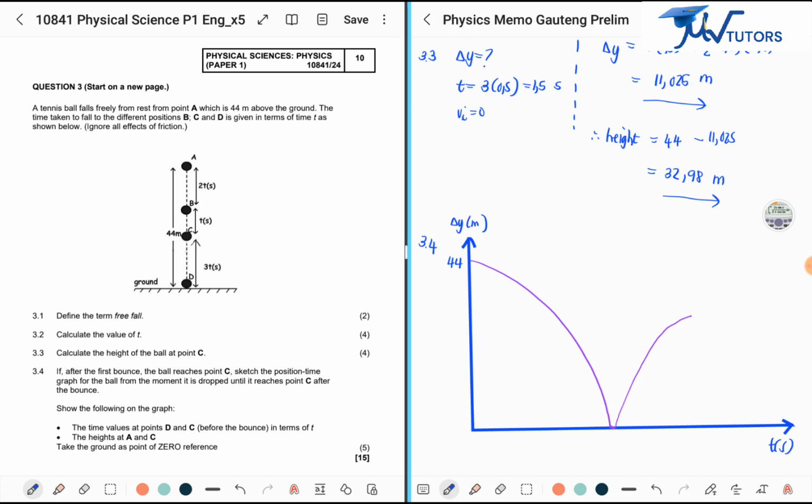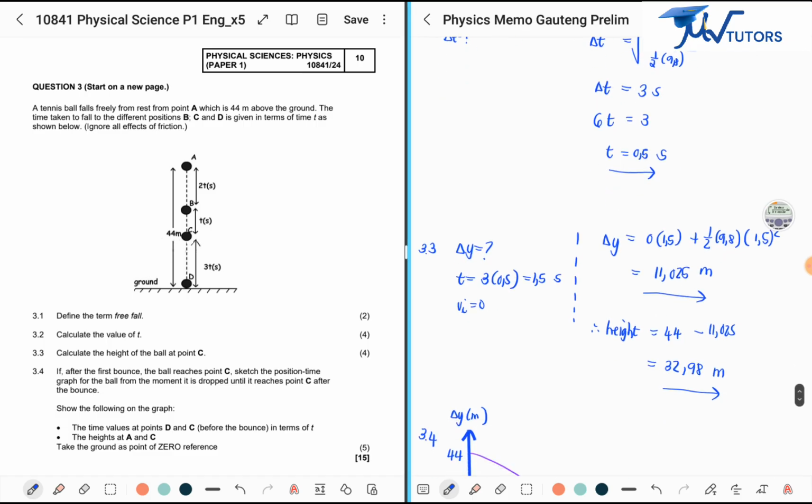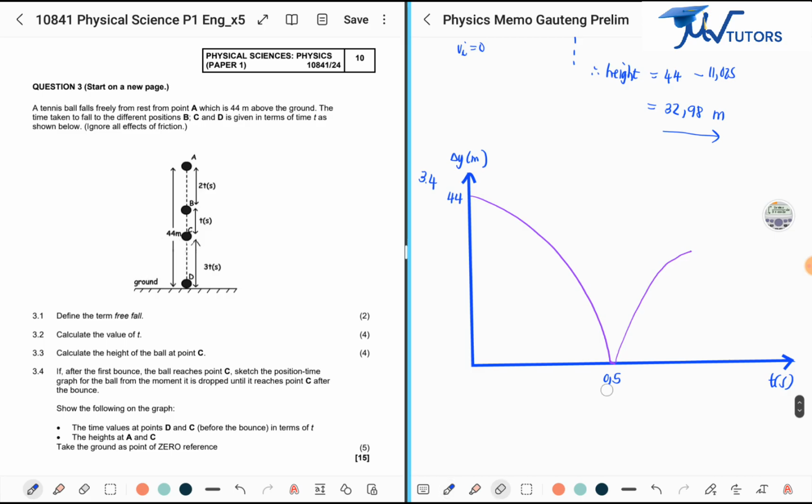By the time it reached the ground, it was 0.5 seconds. Oh, let's put it in terms of t. So by the time it reached the ground, it was actually 6t. All right, and then C is at 3t. So that's halfway. Ooh, so that is where point C is.